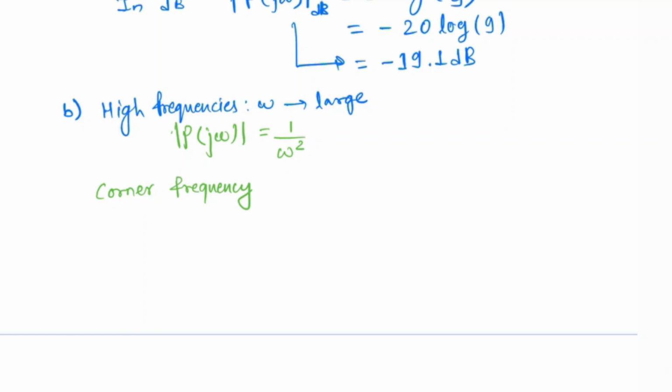So let's look at the corner frequency. What is the corner frequency again? It is the intersection of the low and high frequency asymptotes.